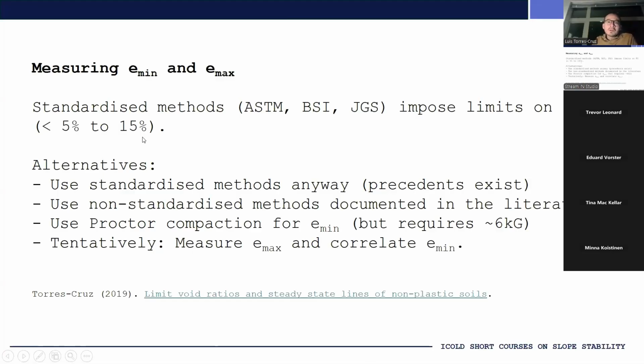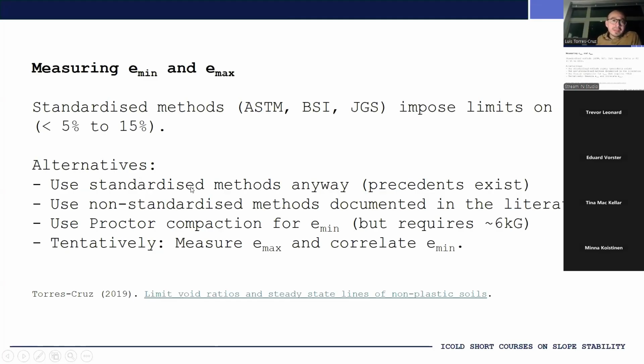So what alternatives do we have? Well, I think we have at least 4 alternatives that we may want to consider. The first one is that although the standard is saying that you have to only use it on soils with fines content smaller than 15%, well, you can use it anyway, okay?